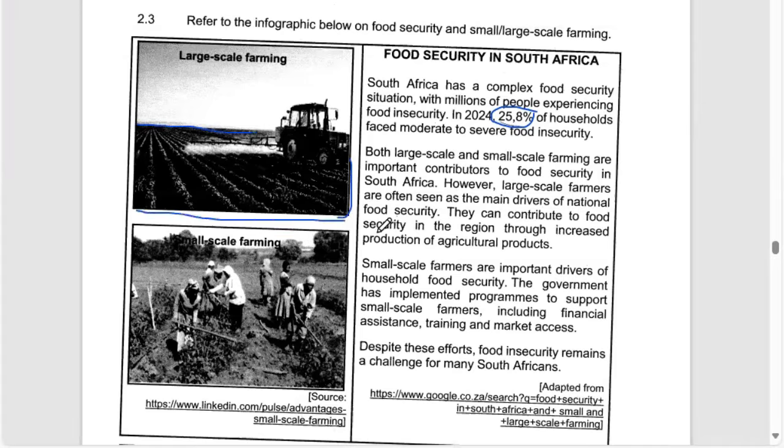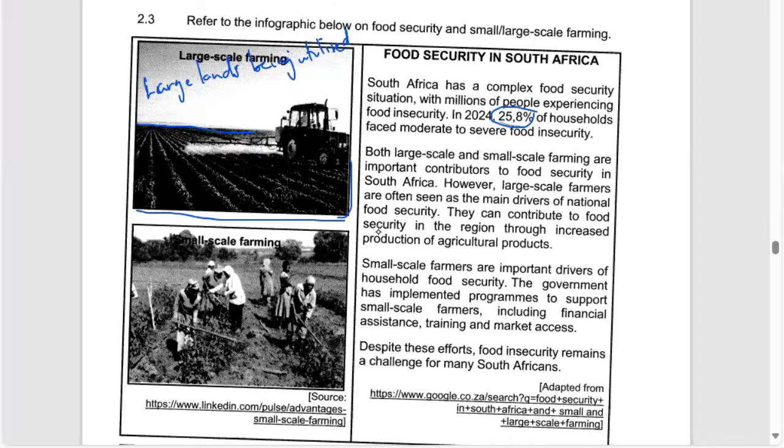By merely looking at the size, we can say a large farm. Large pieces of land are being utilized. If we utilize a large piece of land, we are also guaranteed that the output is going to be large, and as a result, we are also going to have sufficient food.